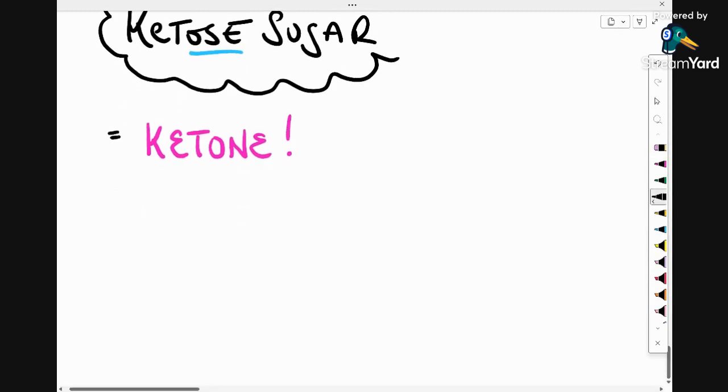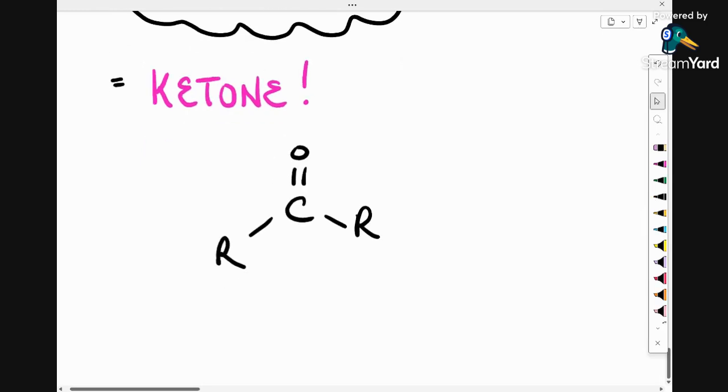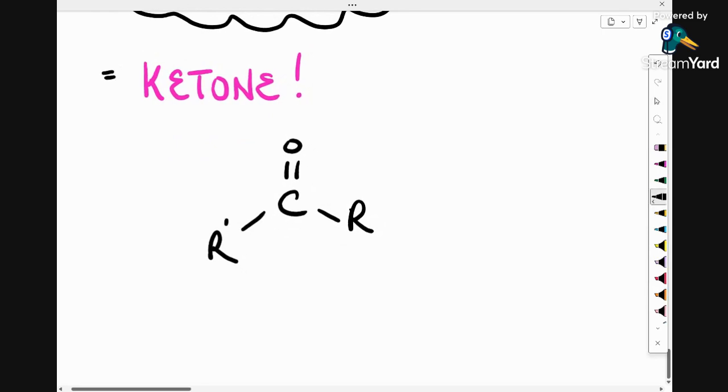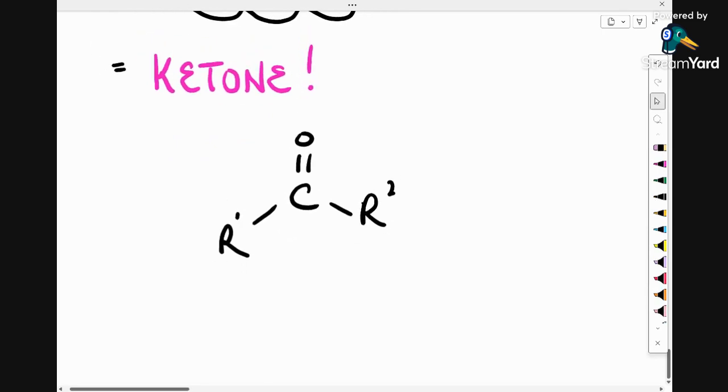And the ketone functional group looks like this, where you have, essentially this is R group 1, R group 2, but you have a C double bond O group here, and connected to that carbon are other strings of hydrocarbon chains, essentially, with other bits poking off.